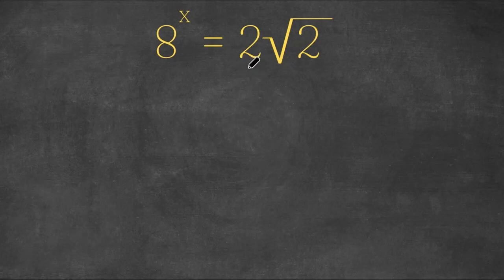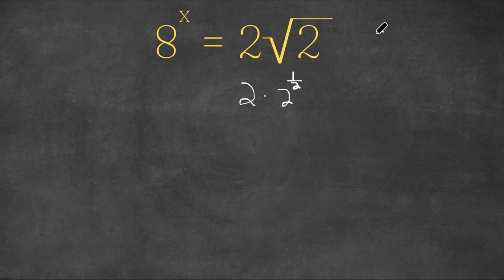So let's first focus on this side of our equation. We have 2 times the square root of 2. Why don't we simplify this a little bit? This can also be written as 2 times 2 to the power of 1/2. We're simply rewriting the square root of 2 as 2 to the power of 1/2.